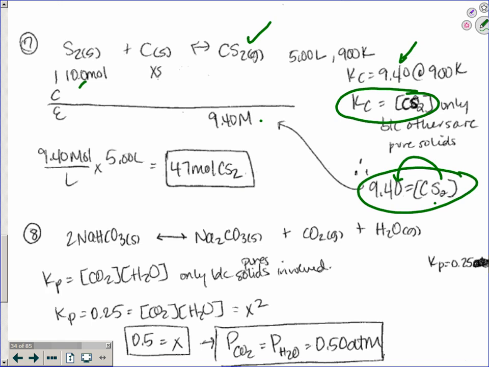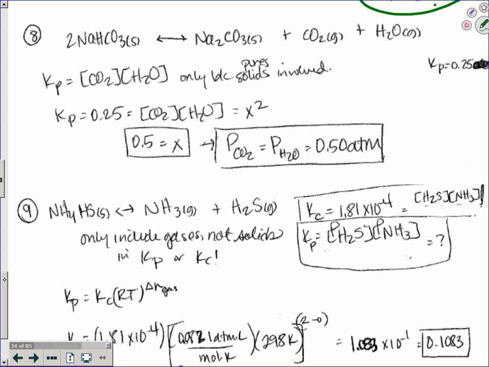Okay, so the next one, 8. I misnumbered it. There weren't 10 questions. You guys probably saw that there were 9. But in 8, it told you Kp. Oh, and these are, I fixed these on my actual paper, but here it is. They told you Kp was 0.25, and you only had 2 gases, carbon dioxide and water.